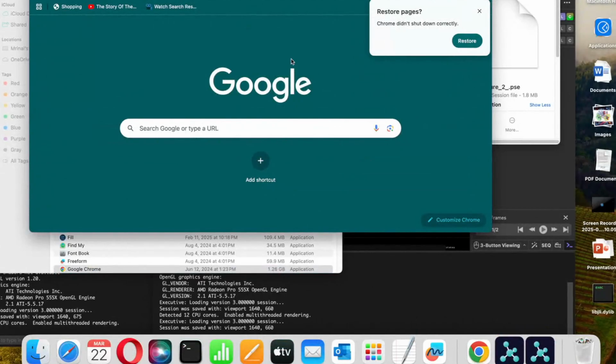I'm going to open it in a new window just to show you. Why is this getting stuck?